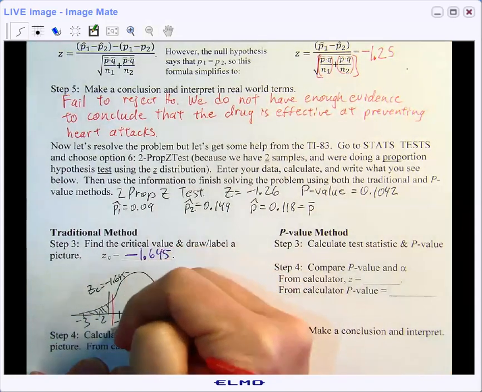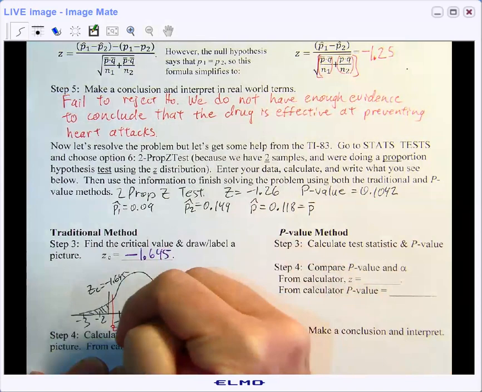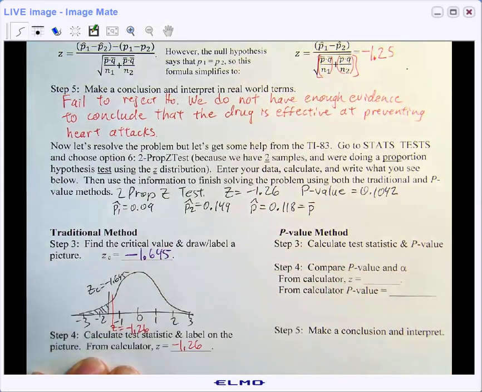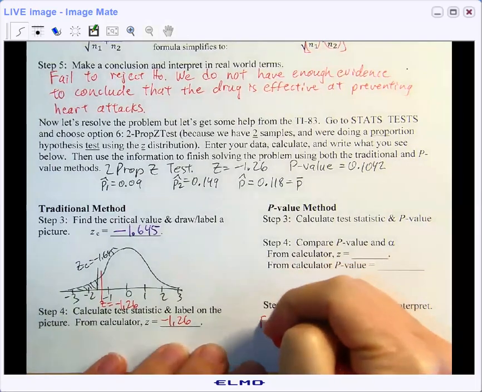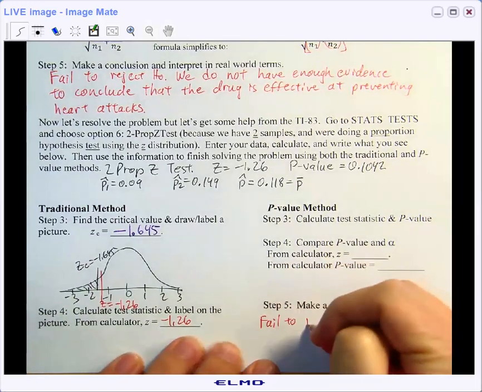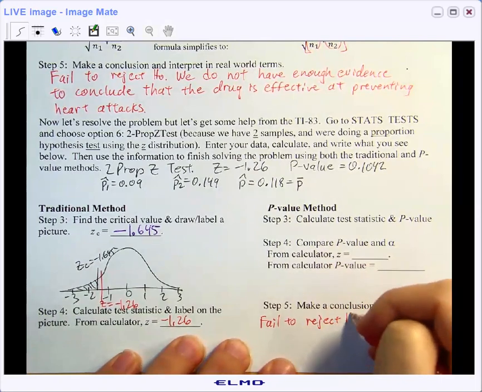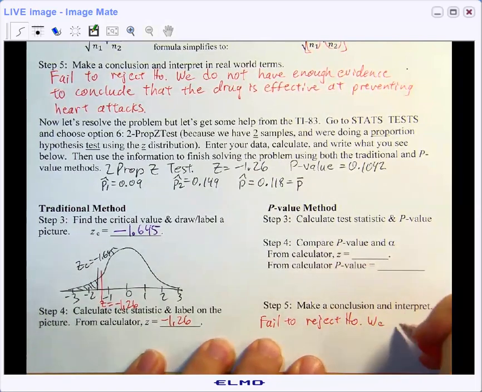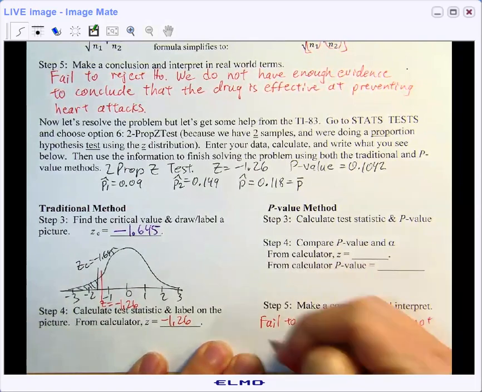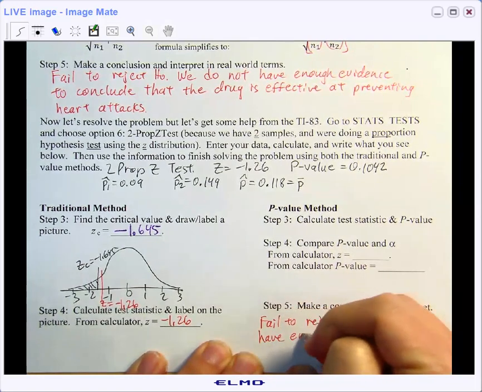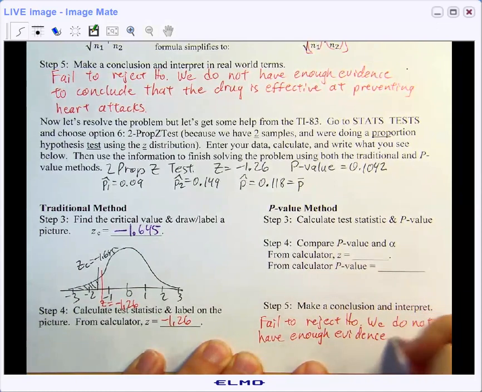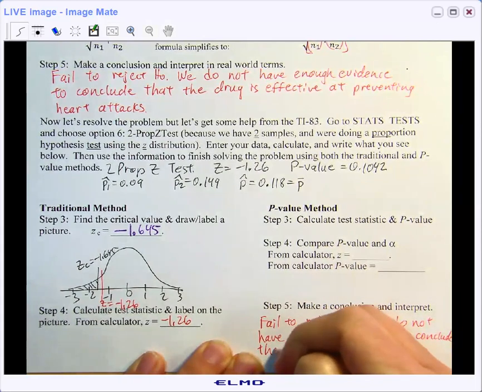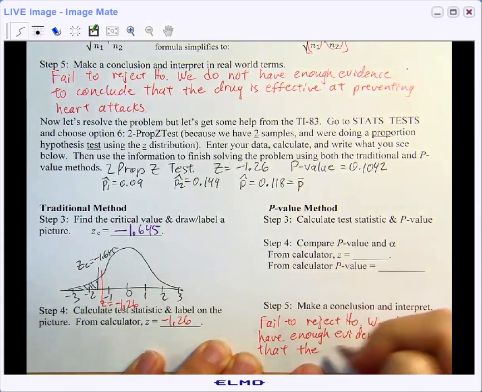But we would then plot our test statistic of negative 1.26 and note that it is outside the critical region, so we will fail to reject H naught, meaning we do not have enough evidence to conclude that the drug is effective at preventing heart attacks.